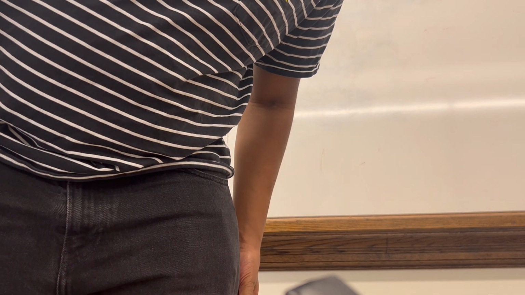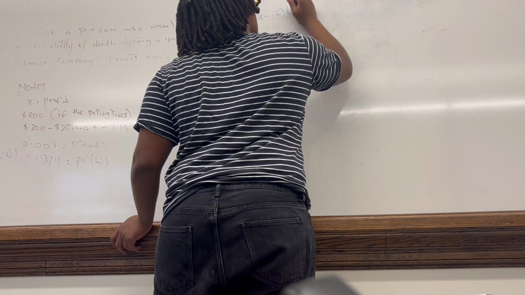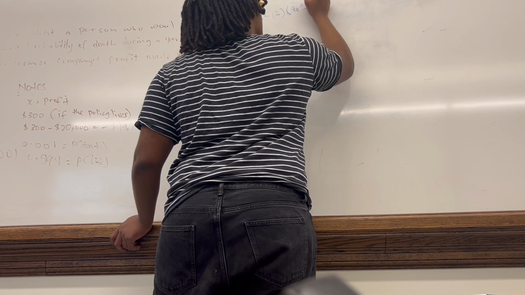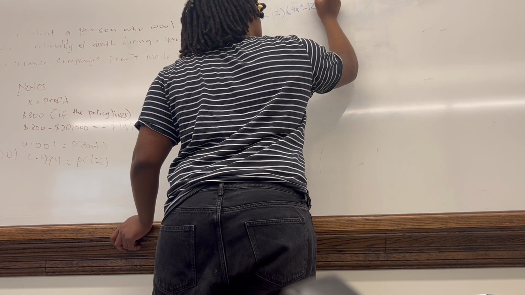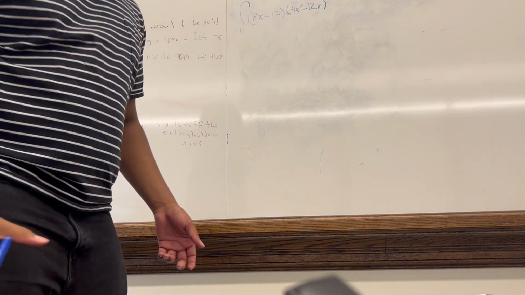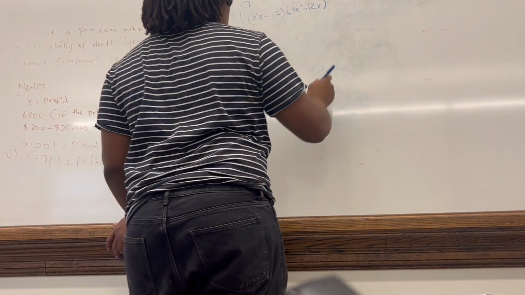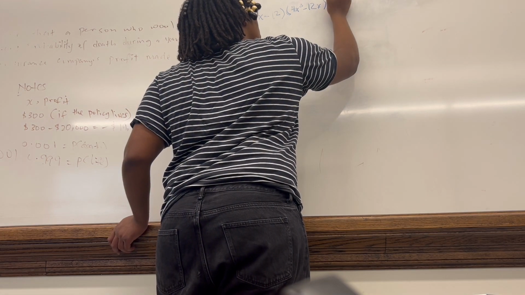And then 4x cubed minus 12x, and then to the power of 4. Cool. Not too bad at all.